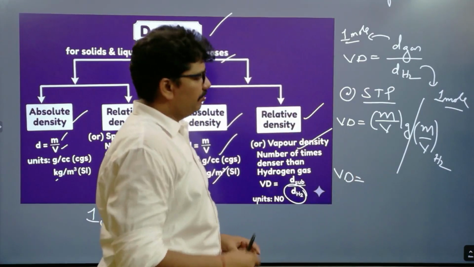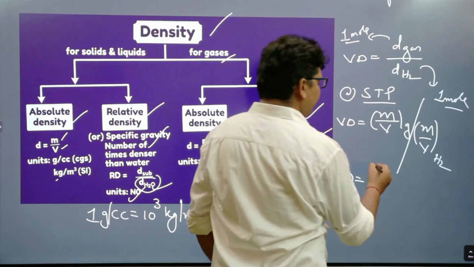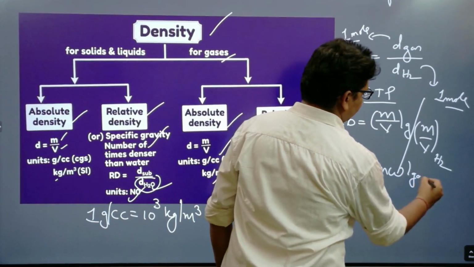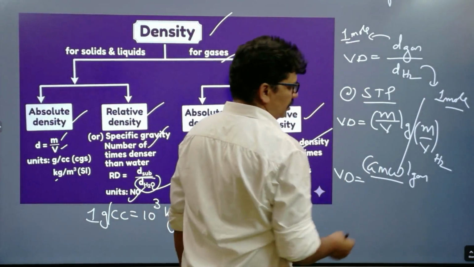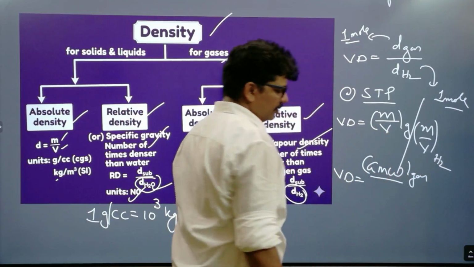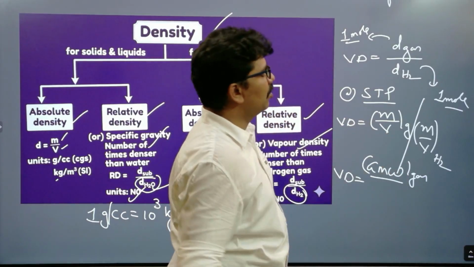For 1 mole of any substance, mass is equal to its gram molecular weight. So the gram molecular weight of that gas over its volume, and the volume of hydrogen gas. Both are 1 mole.